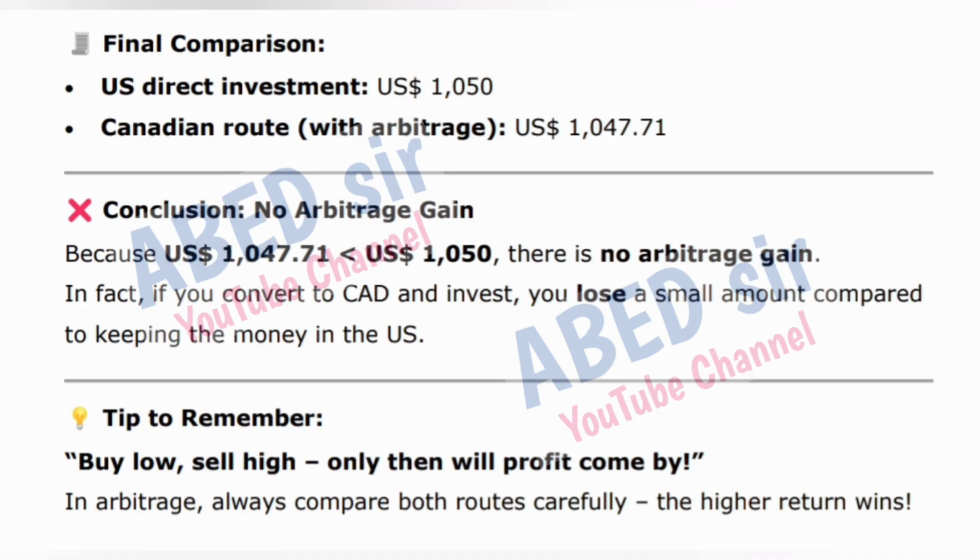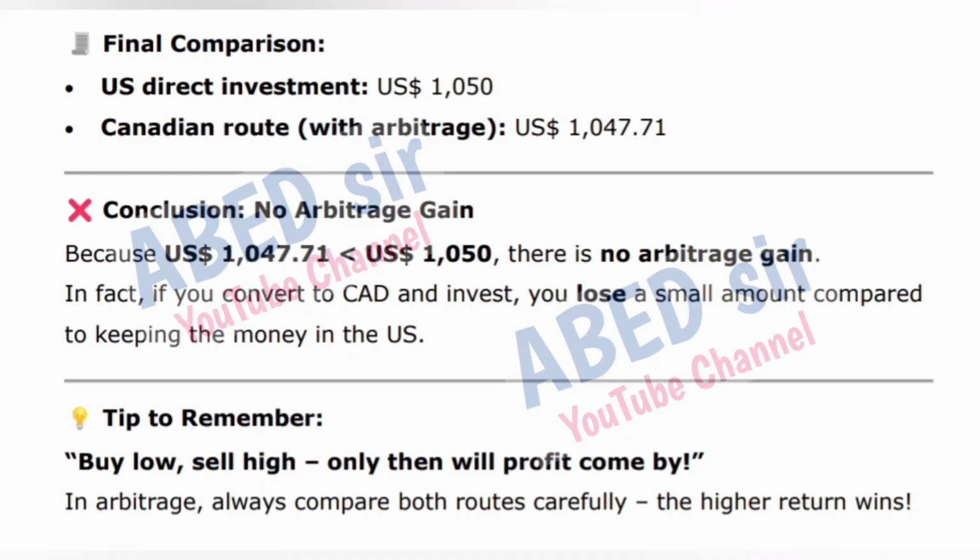Final comparison. US direct investment 1,050 US dollars. Canadian route with arbitrage 1,047 US dollars and 71 cents. Conclusion: no arbitrage gain. Because 1,047 US dollars and 71 cents is less than 1,050 US dollars, there is no arbitrage gain.